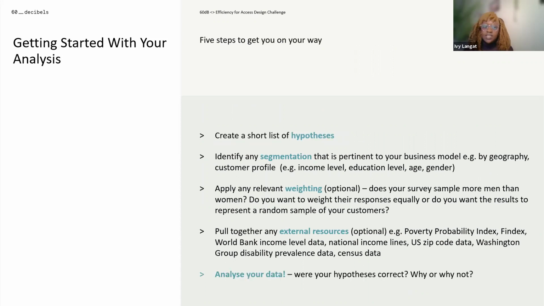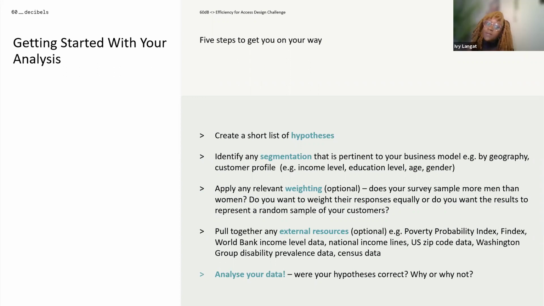So also with analysis, it's important to have a list of your hypotheses. Like Kenya mentioned, sometimes the problem that is perceived by people who are inventing the product is different from those who are using the product. So do you have any of those hypotheses that you'd like to test?